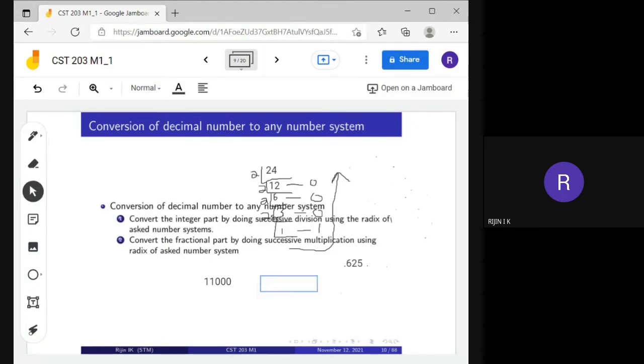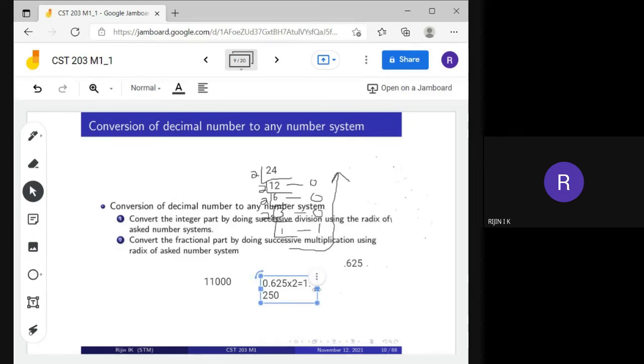So here it is 0.625. You need to multiply 0.625 by 2. It will be 1.250.